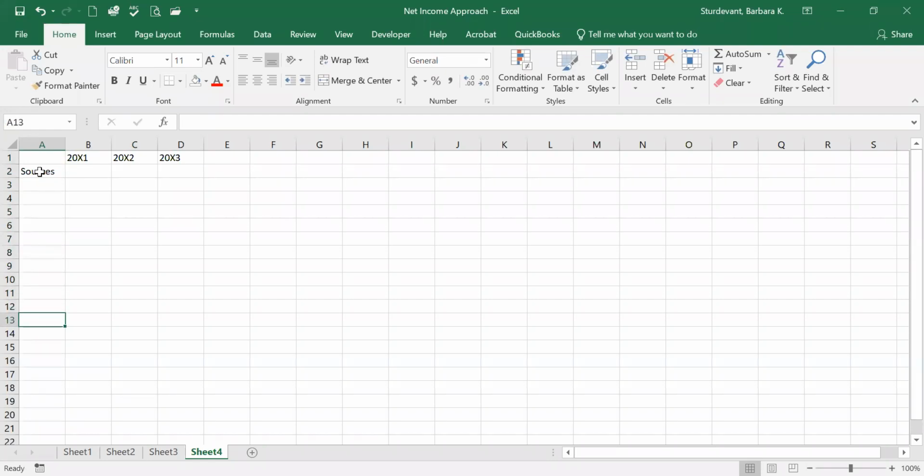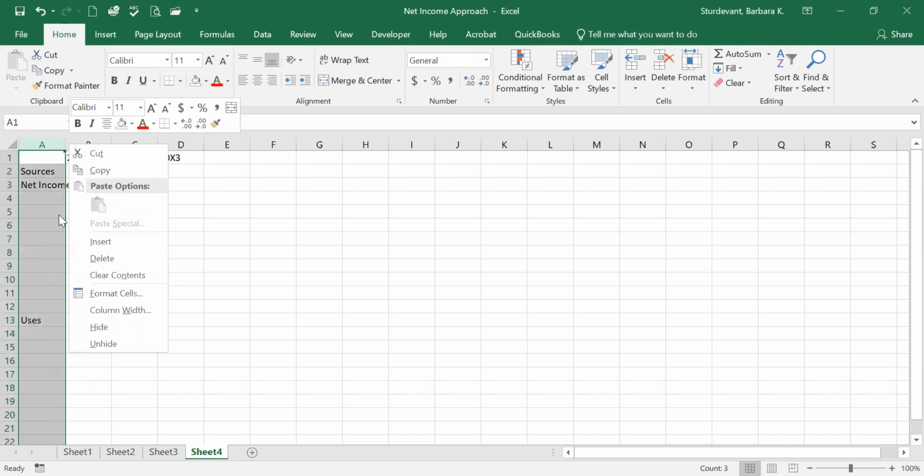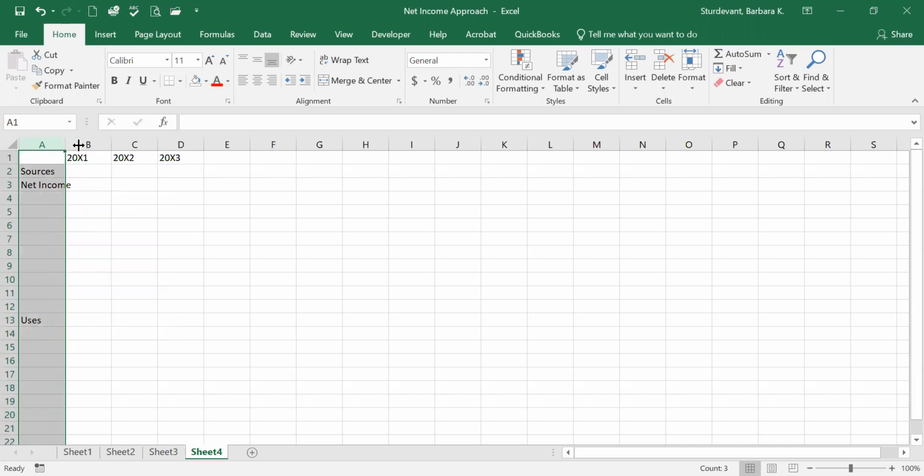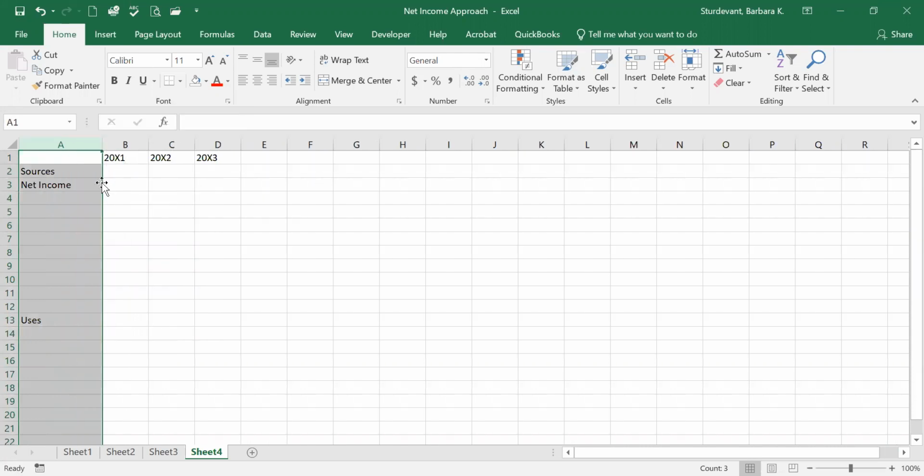I set it up on a piece of paper or a spreadsheet, and I do it like this. And then I can just kind of go through, and as I read through the problem, put the stuff where it goes. So we start with net income. And just basically copy it down.